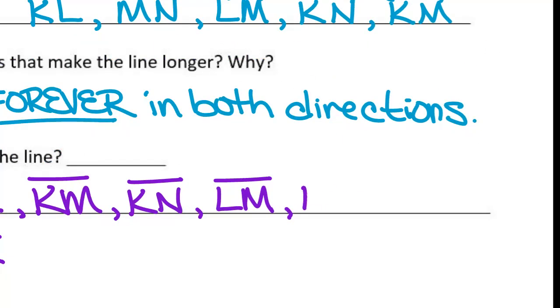LN, yes, LN. There is one last line segment up here that we have not named yet. We've done KL, KM, KN, LM, and LN. MN, yes.